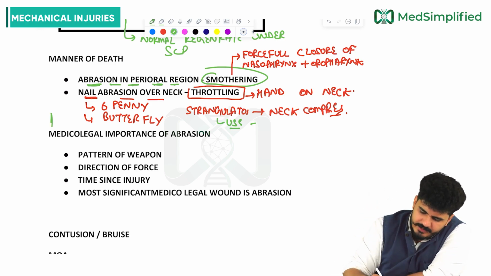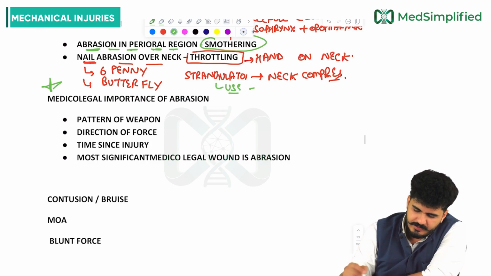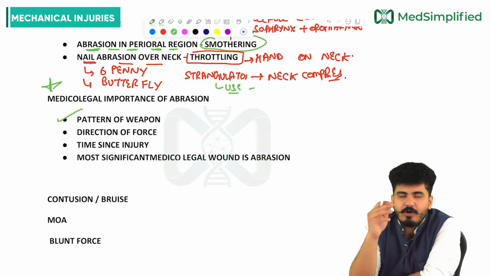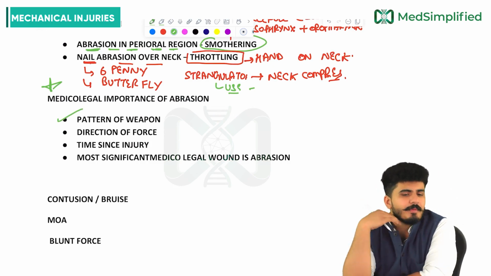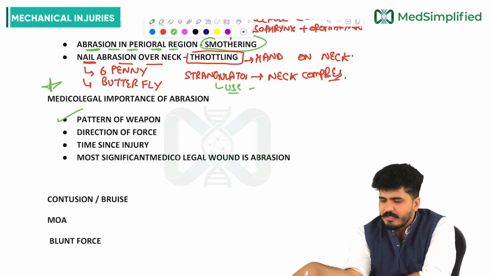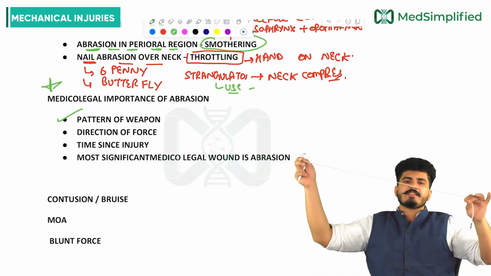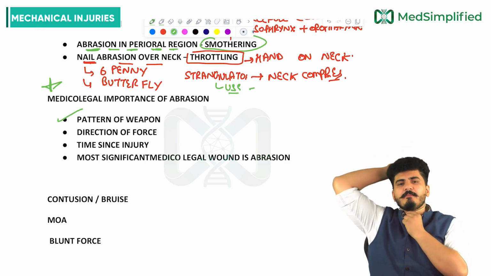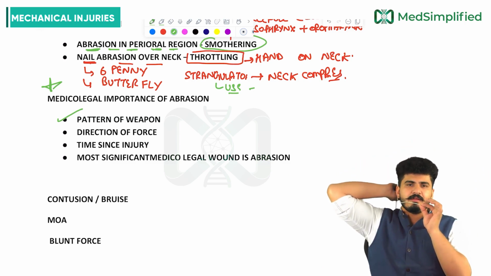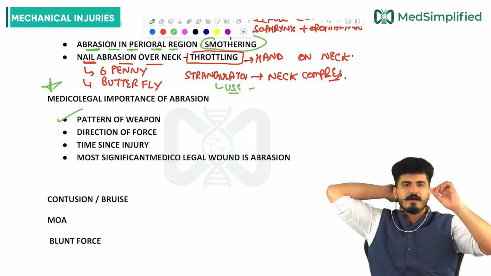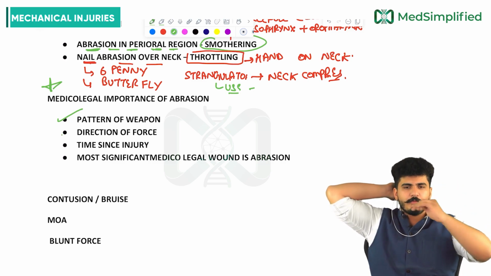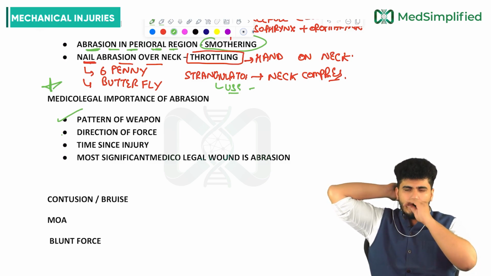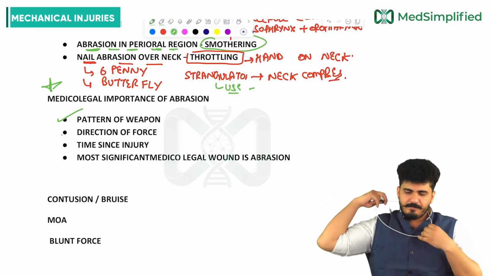Now what is the medico-legal importance of the abrasion? You will come to know about the pattern of weapon. If rope marks are there, if someone killed you with a wire, you will come to know the mark of the wire. Big wire, small wire, rope, non-rope, whatever it is, you will see the mark on the force area.